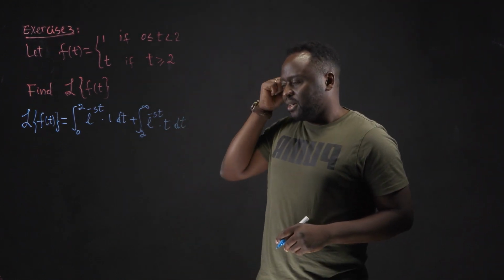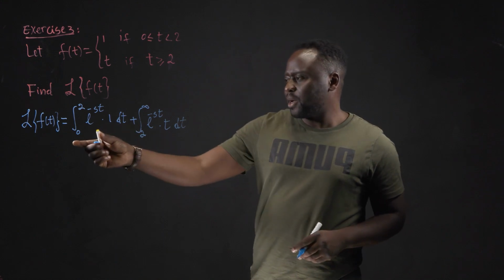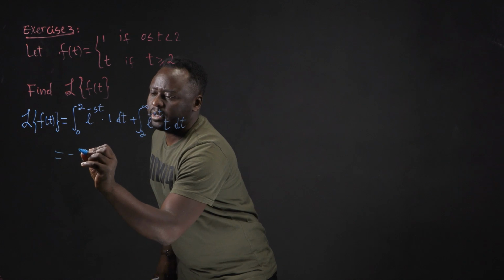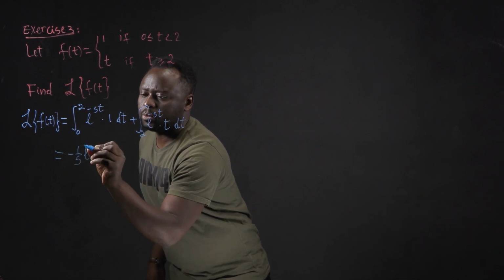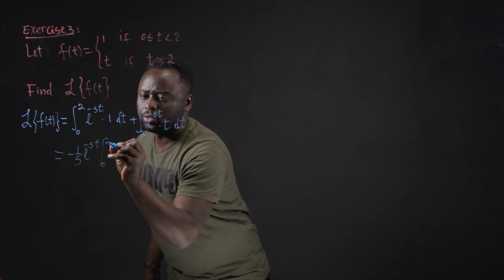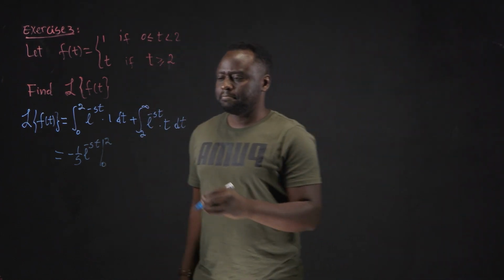All right, this makes sense, I guess. So the first part is straightforward. This integral is minus 1 over s e to the power minus st from 0 to 2, right?